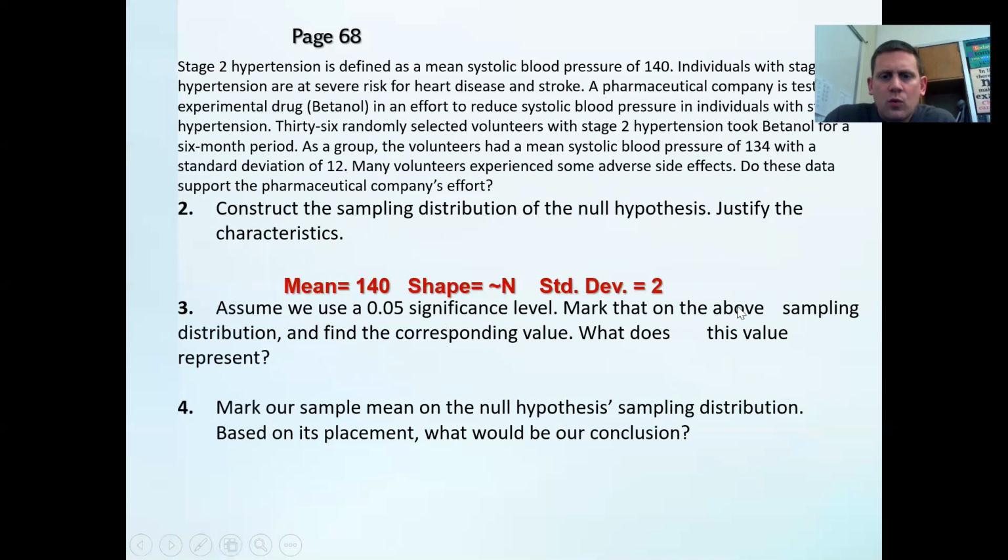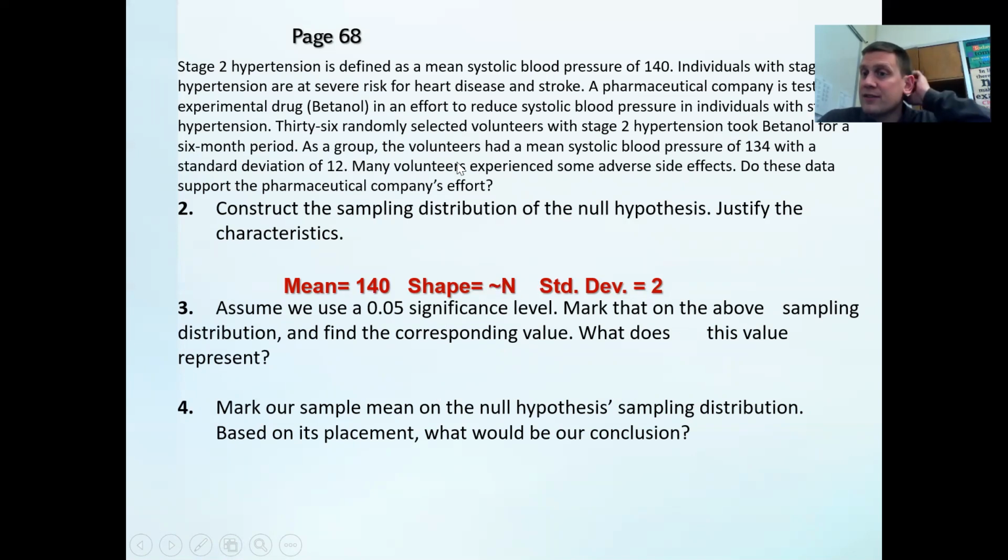The standard deviation is the sample standard deviation divided by the square root of n. The sample size is 36, the square root of 36 is 6, so 12 divided by 6 is 2. And since n is greater than 30, we are approximately normal.